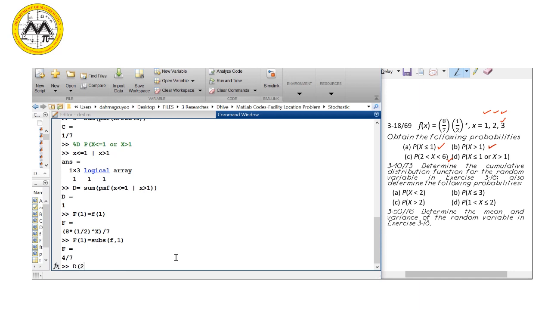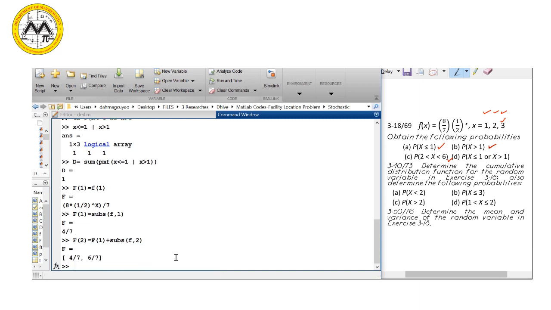And then f of 2 is equal to f of 1 plus, we substitute x is equal to 2 from f.